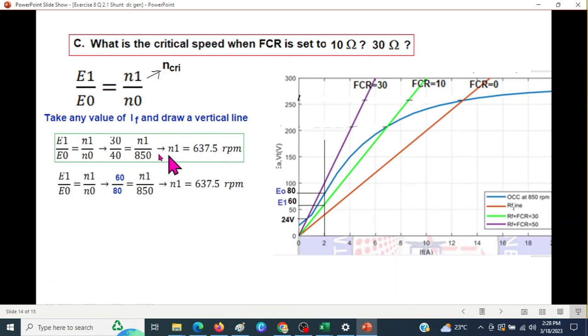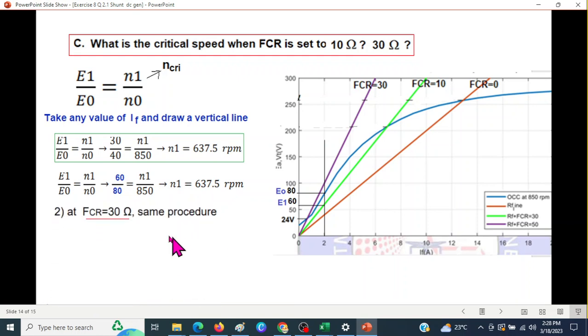In the book, he has used 30 and 40, but it's not very clear from here, so I'm using 80, and that is at IF2. So we have 60 and 80, and speed is 850. So from here, the new speed, or the critical speed, is 637.5 RPM instead of 850.